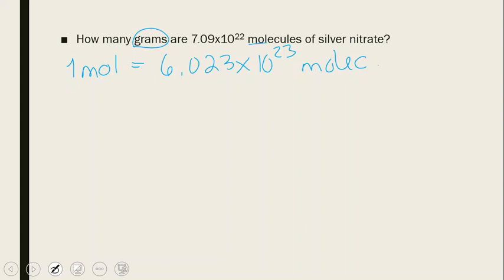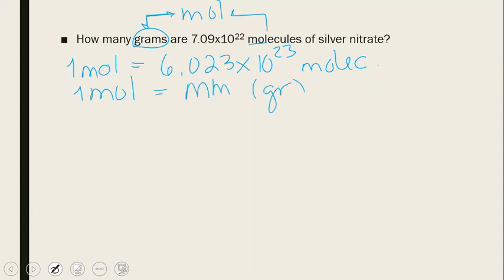There's no straight way, so I have to change first to moles and then to grams. And 1 mole is equal to the molar mass in grams. So we have to calculate first the molar mass.